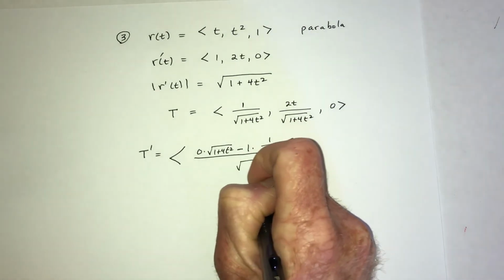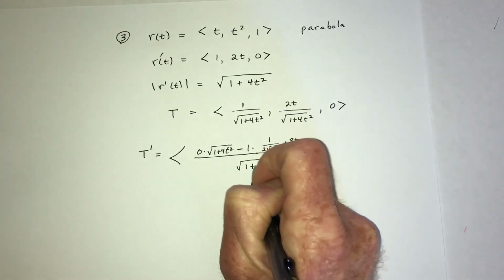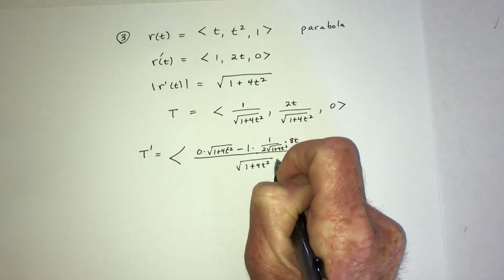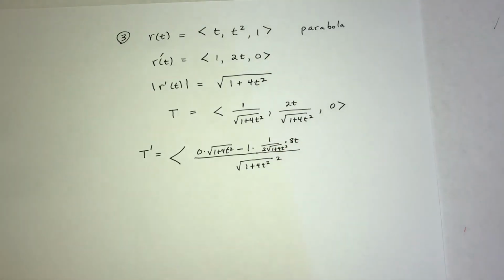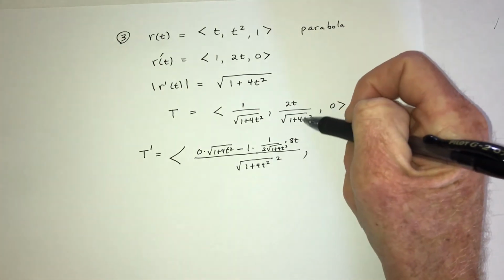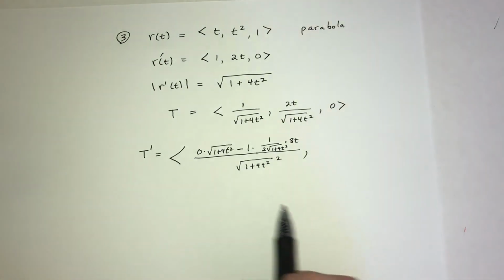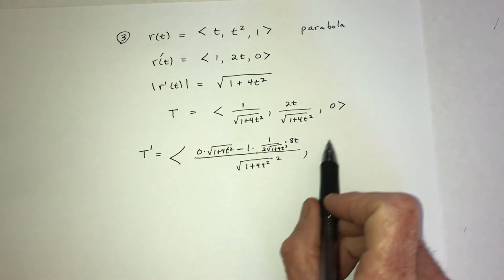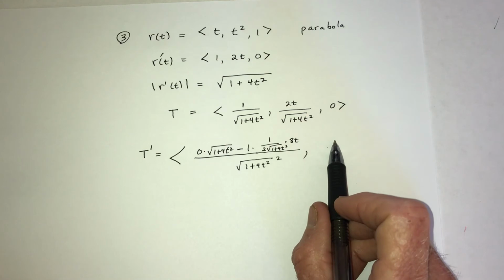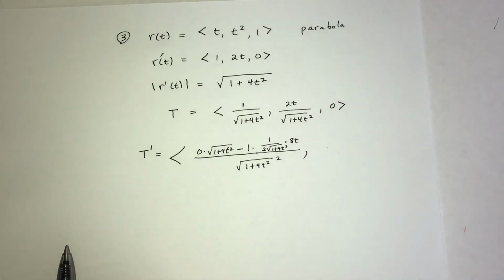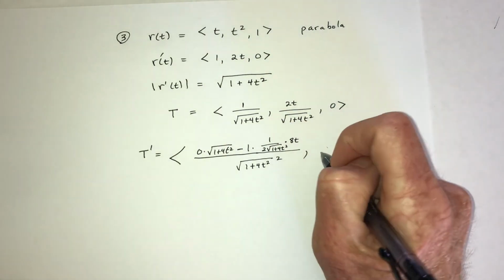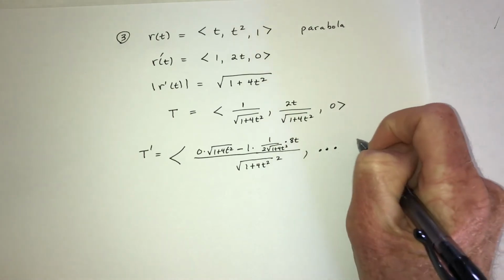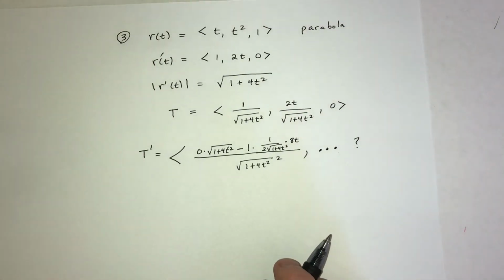And for the quotient rule, the bottom gets squared. So that is the first component. Now do the quotient rule over here. Then do all of the algebra to simplify all of this, and this one also, and then find the length of all that. So that's where I'm starting to wonder, is there a different way?